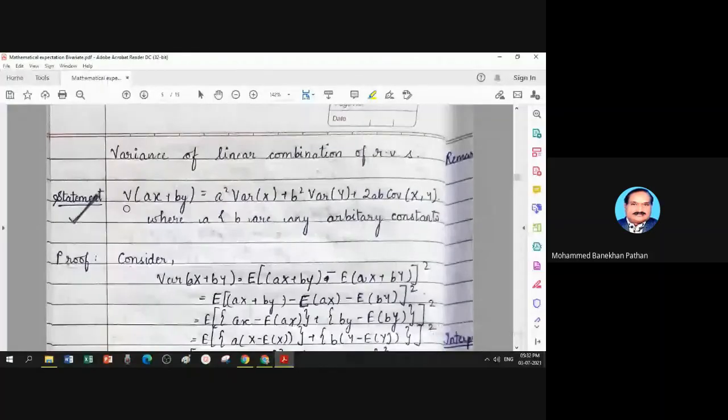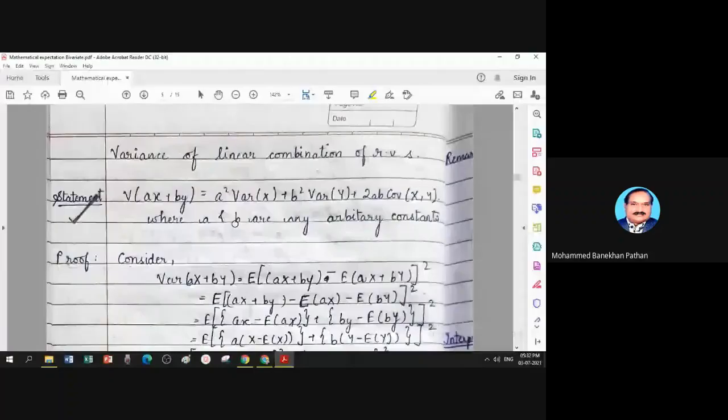The statement is variance of a X plus b Y equals a square variance of X plus b square variance of Y plus 2ab covariance, where small a and small b are arbitrary constants, may be negative, may be positive.